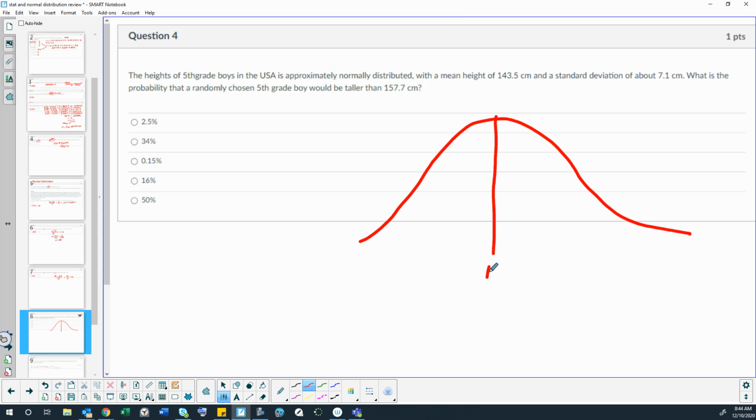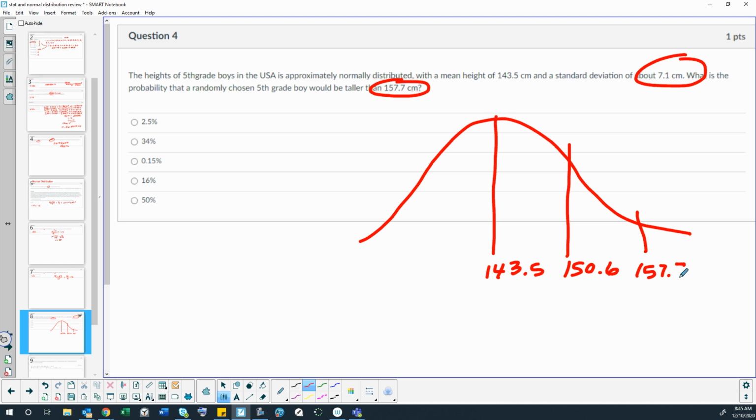I've got the mean in the middle, 143.5, and then my standard deviation of 7.1, so I'm going to add that. 143.5 plus 7.1 gives me 150.6. I want to get up to 157.7, so I'm going to add it again, and that takes me there. So 157.7.